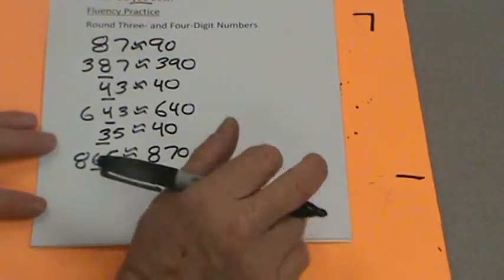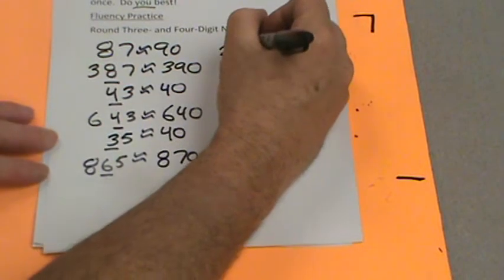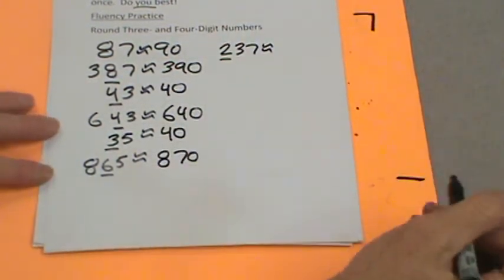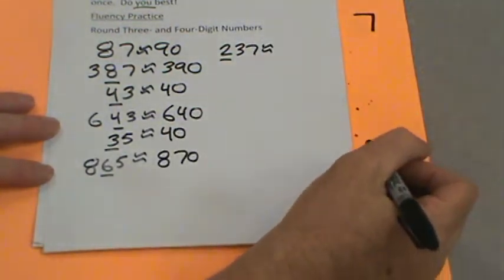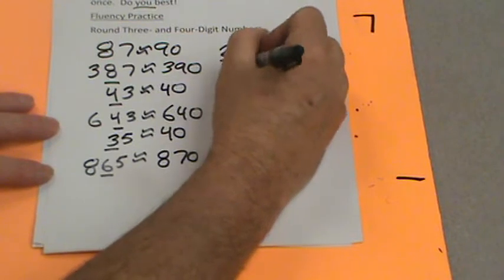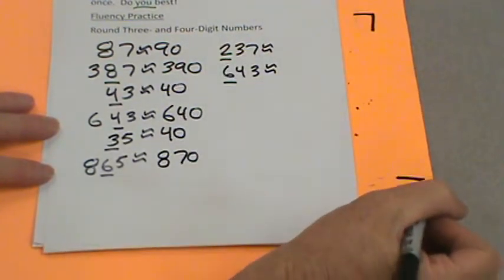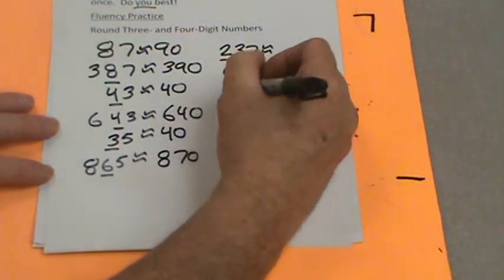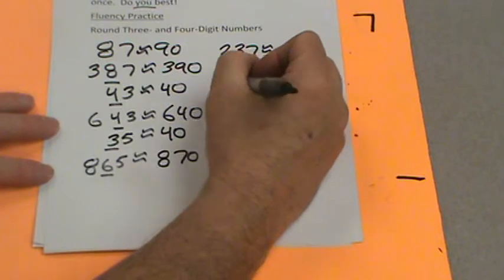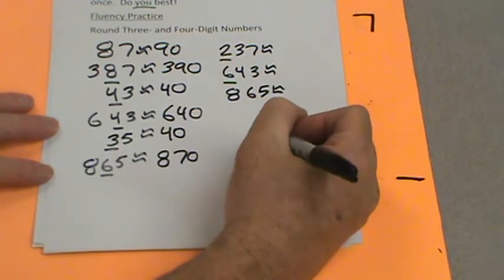Okay, let's do some hundreds now, all right? And we're going to round to the nearest hundred. So 237, round it to the nearest hundred. We're going to write these down and then we'll tackle them. 643, round it to the nearest hundred. And 865, round it to the nearest hundred.